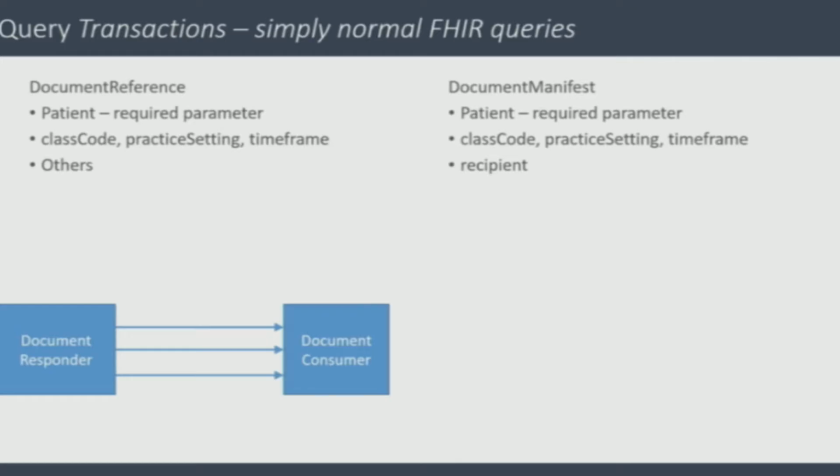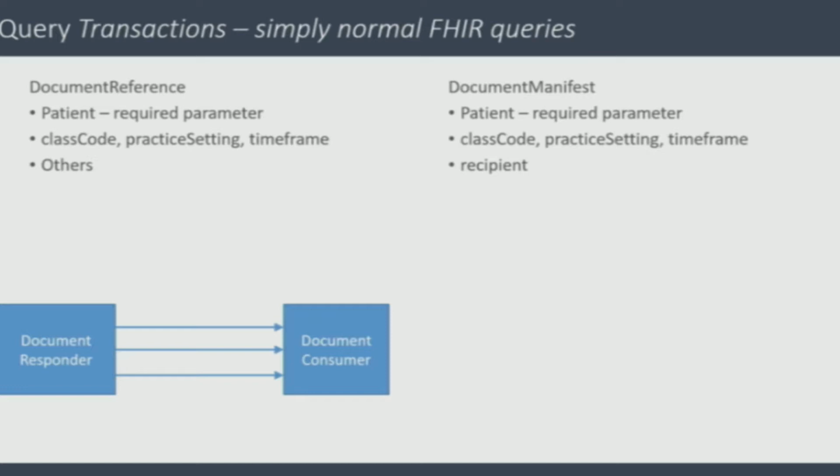In this environment, one of the other factors involved is that the document consumer is the one that initiates the transactions, and the document responder is the one who's responding. The arrows here are showing the data movement. If the document consumer only asks for document references and never asks for document manifests, it's still a compliant system, right?